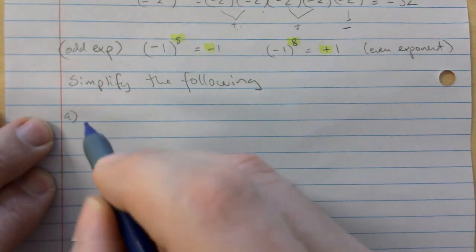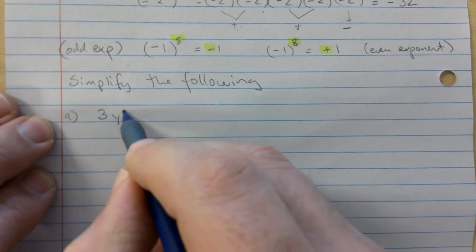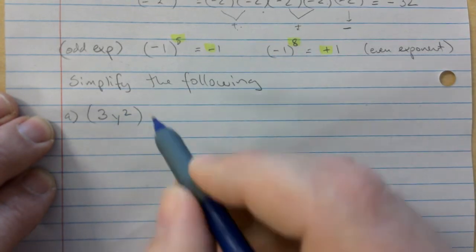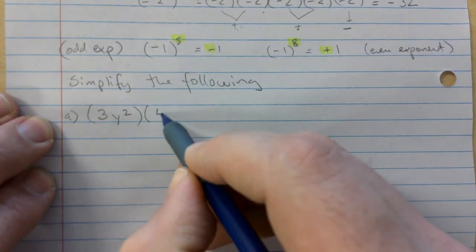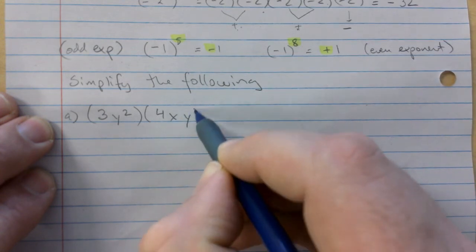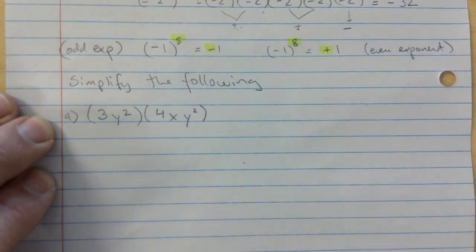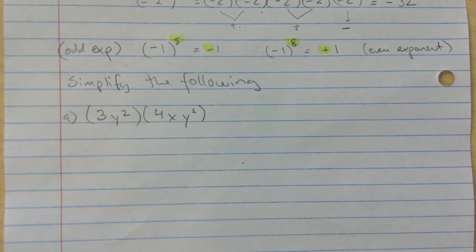So, 3y squared. It's still very heavily based on your knowledge of the previous unit, except we don't really do polynomials here. It's just an expression times another expression, and a lot of that is happening here.